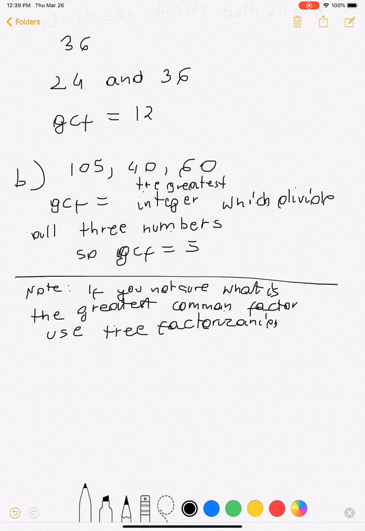With tree factorization, you're going to take the first number, which is 105, and rewrite it using prime numbers.